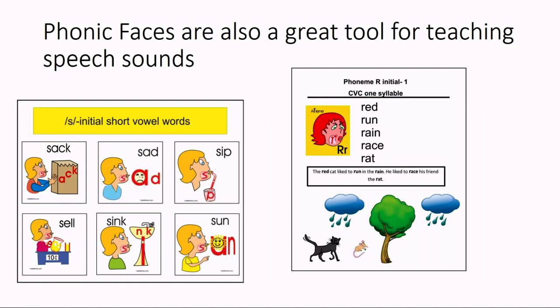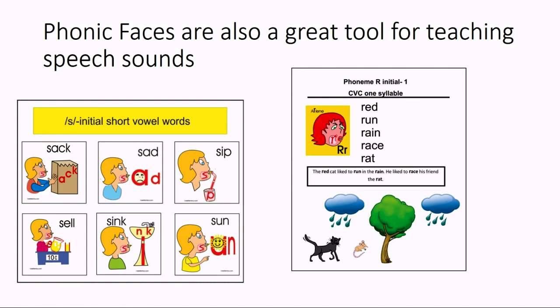When I'm teaching speech sounds, I also try to teach phonics at the same time. So we try to make that initial S sound. You can see in these pictures that this S looks like your tongue position. So it's not a letter S exactly, it's a distortion of a letter S, but it basically is designed to show the tongue position of where your tongue should curl right behind that alveolar ridge.